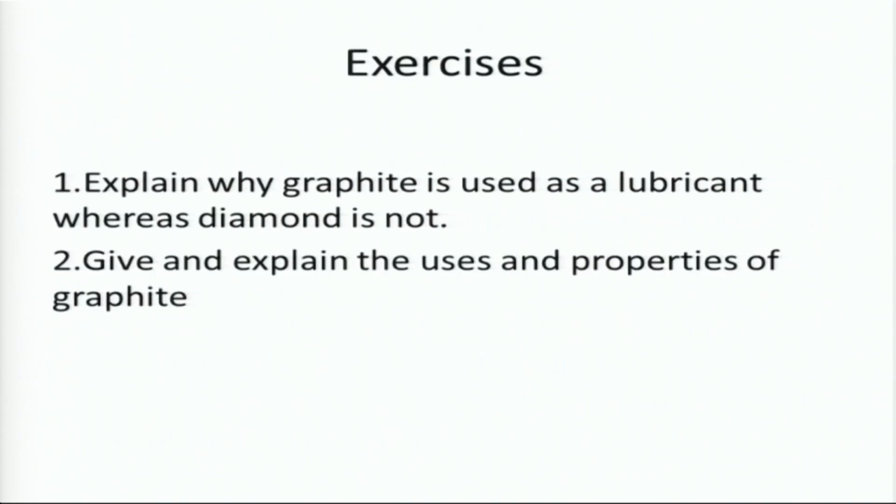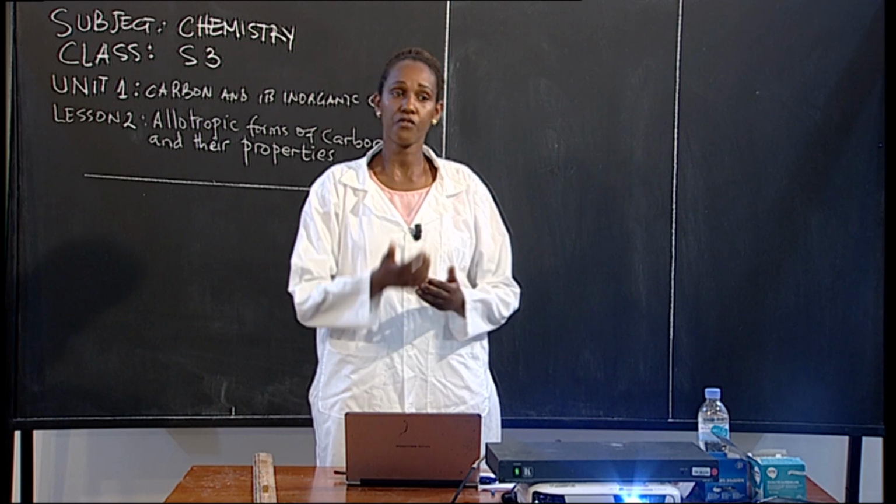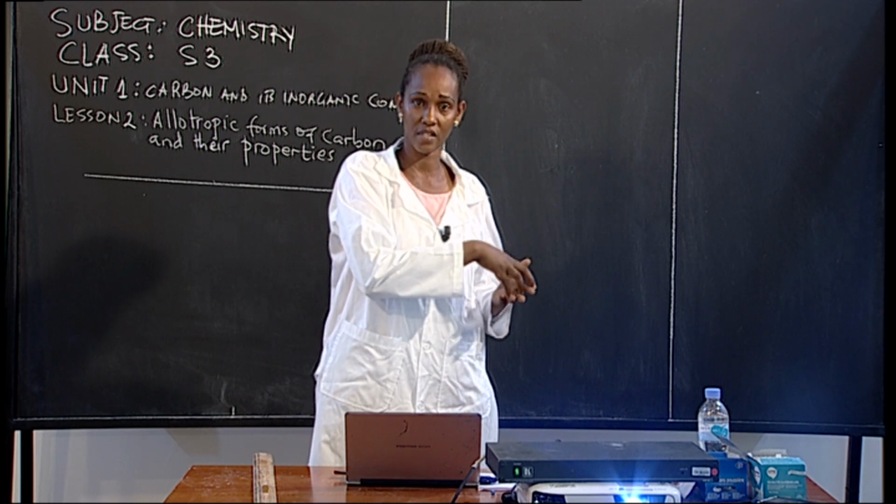So we're rushing to the exercise. This is the exercise of today's lesson. When you go back, you try to attempt these two questions in your free time. One is to explain why graphite is used as a lubricant, whereas diamond is not. You remember we said diamond is not used as a lubricant, whereas graphite is. We have given a reason from the structure of graphite.